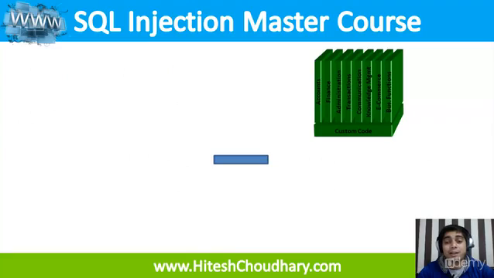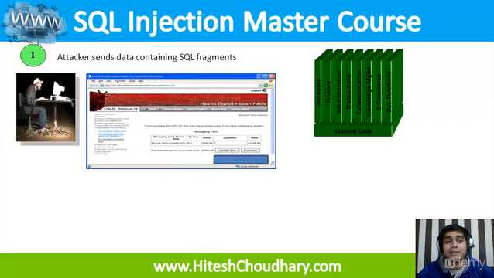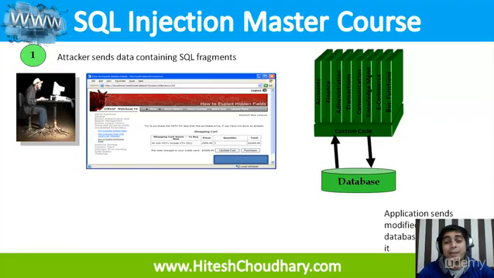First of all, we have a custom code, and the attacker sends custom SQL fragments through the browser or any other means that can run on your custom code. This custom code is tricked, and eventually the attacker sends a modified query to the database, and results from the database are returned, such as user IDs, passwords, or maybe table names.